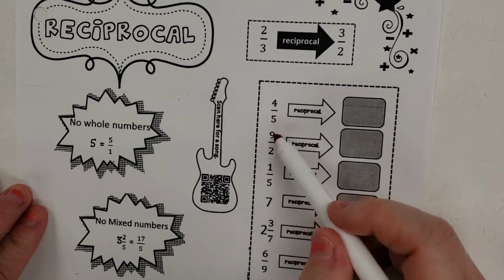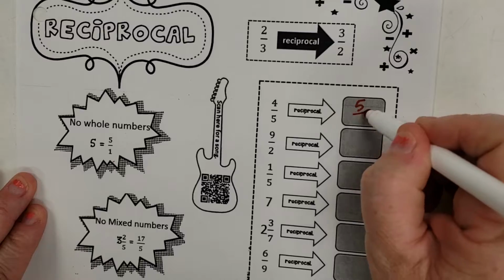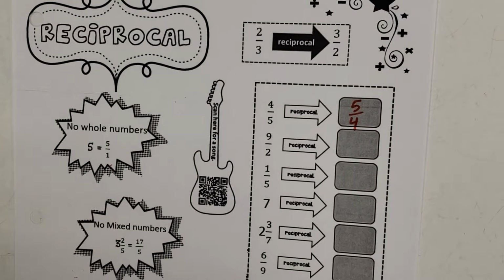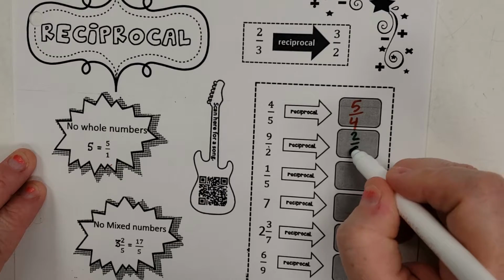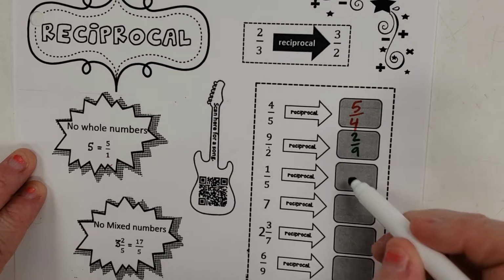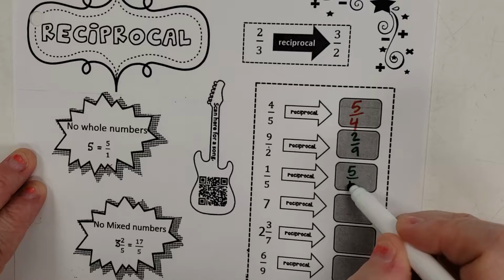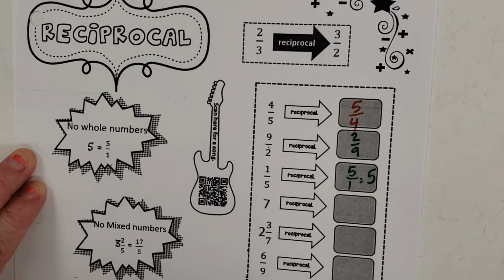So the reciprocal for 4/5 would be 5/4. The reciprocal for 9/2 would be 2/9. The reciprocal for 1/5 would be 5/1, which is 5.